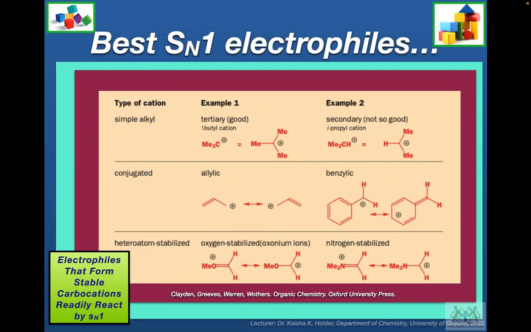So here now, our third category are our heteroatom stabilized carbocations. So let's say we have an electrophile that is bonded to a leaving group, but it also has a heteroatom, meaning an electronegative element on it.